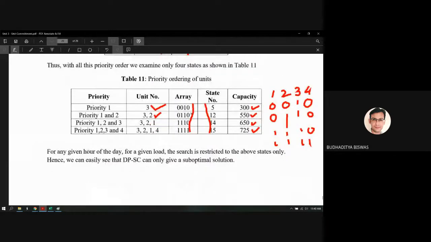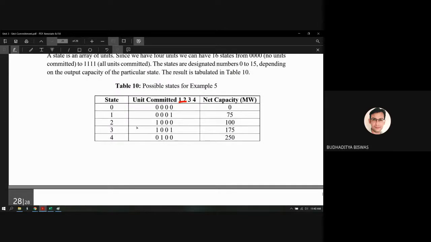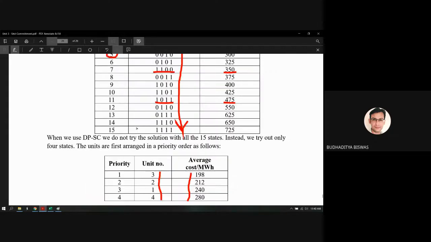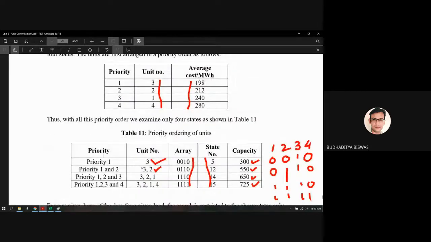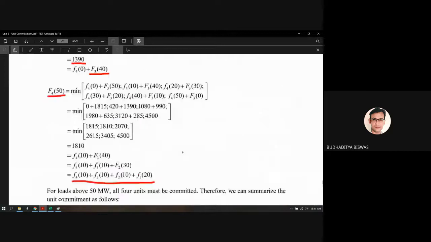So in this way, we need to find out the unit commitment schedule. This is the example of DPSC, sequential combination. Sequential means one unit on at a time, then the next unit based on their priority order. And this is the example of DPTC, truncated combination.